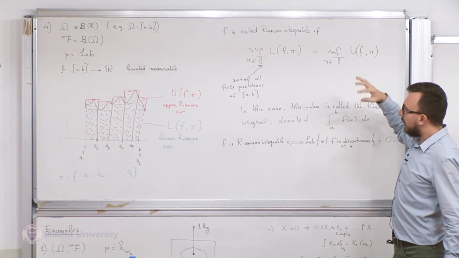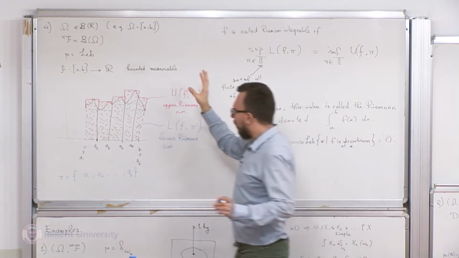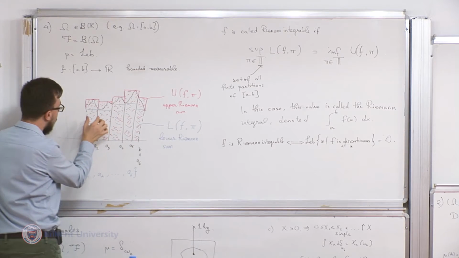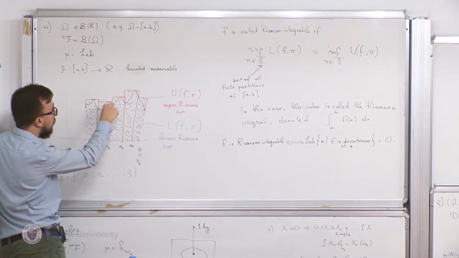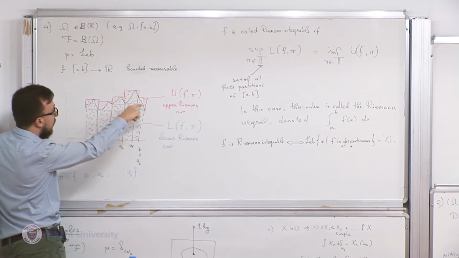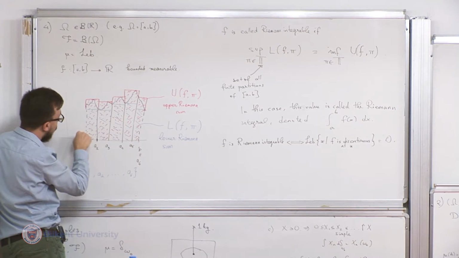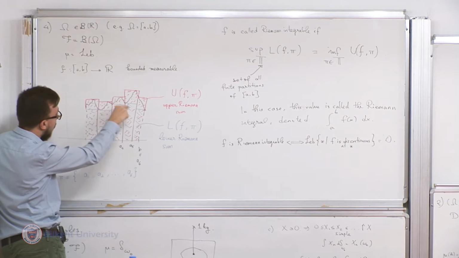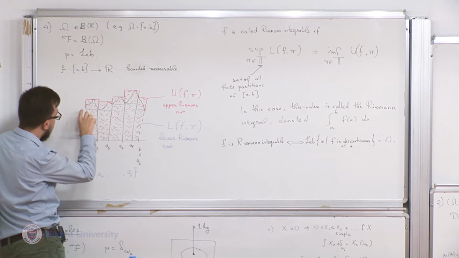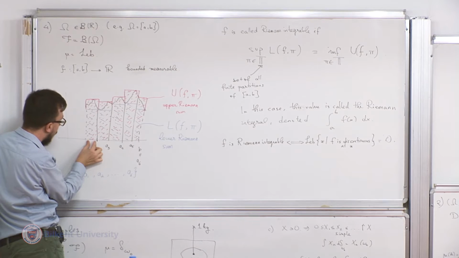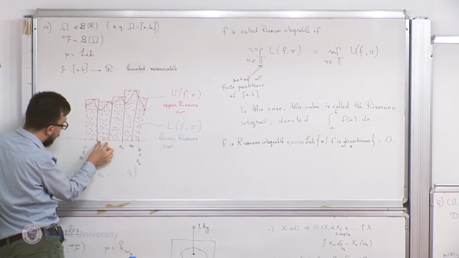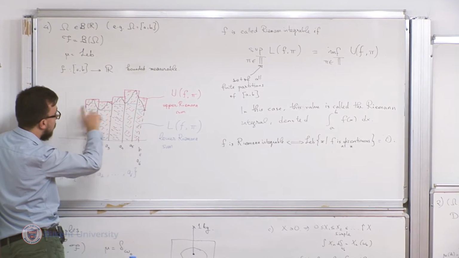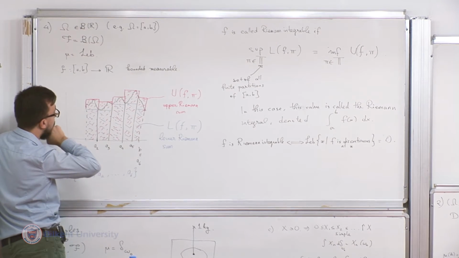The reason can somehow be seen on the picture. Well, you see, this is like the integral of a simple function, right? If you look at this lower Riemann sum, you're just calculating areas of rectangles, right? So like this value times the Lebesgue measure of this interval, this value times the Lebesgue measure of this interval, et cetera, et cetera. So this is like the integral of a simple function.